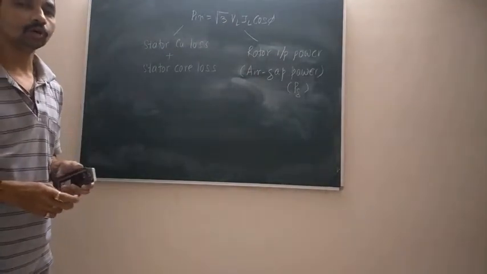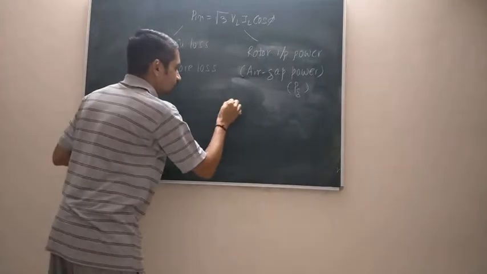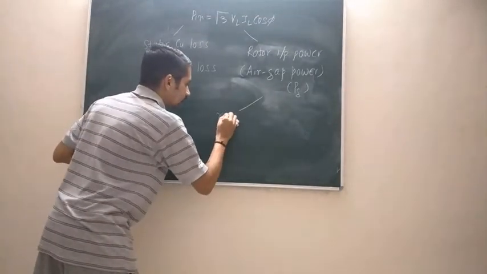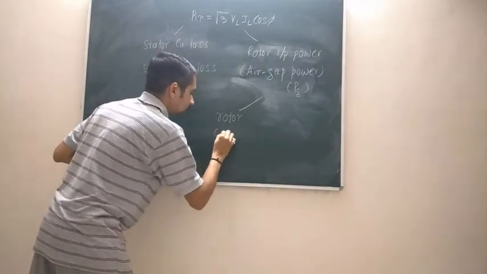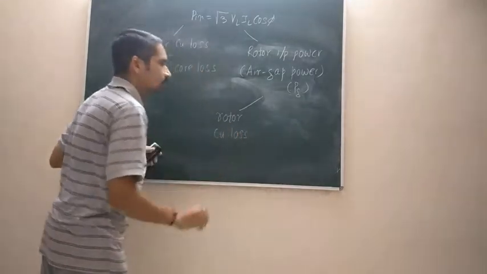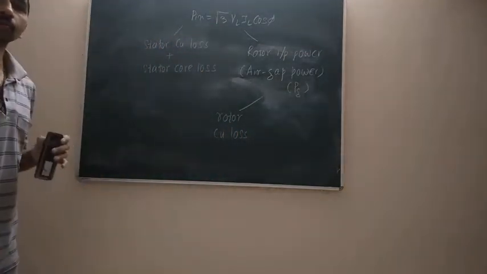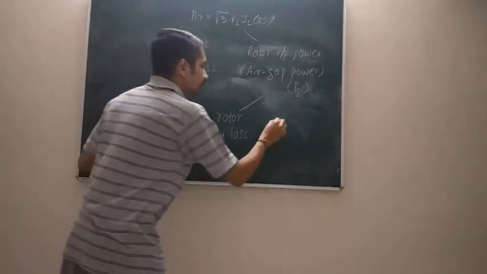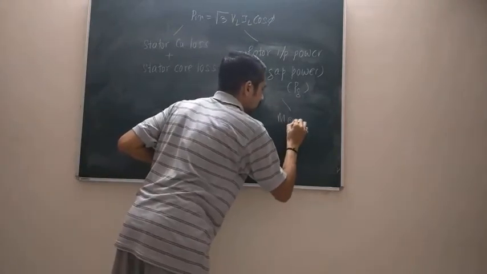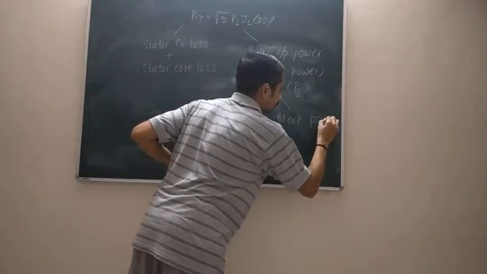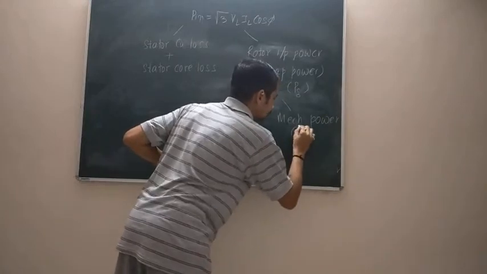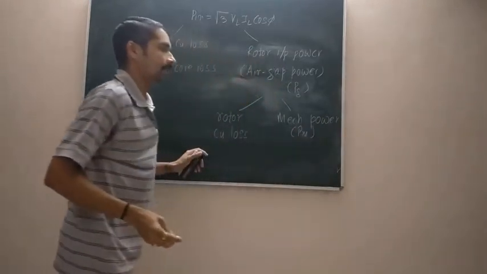One of them is the rotor copper loss. So from this air gap power, if I subtract the rotor copper loss, I will have one more power available with me, that is called the mechanical power, denoted by the symbol Pm.